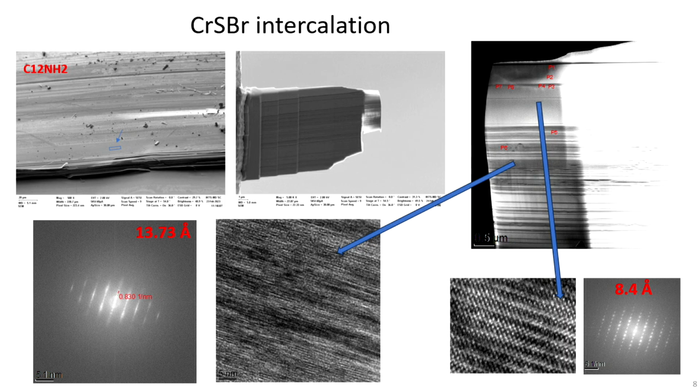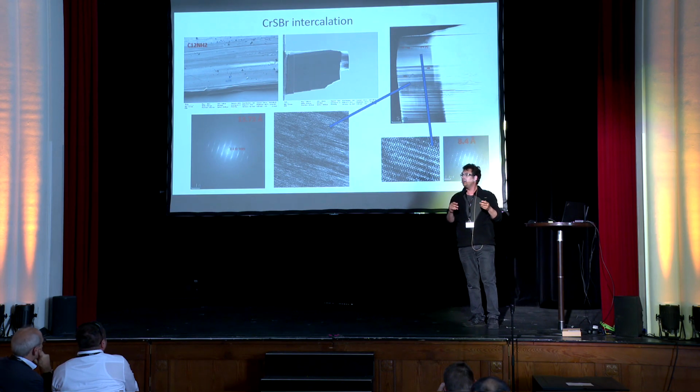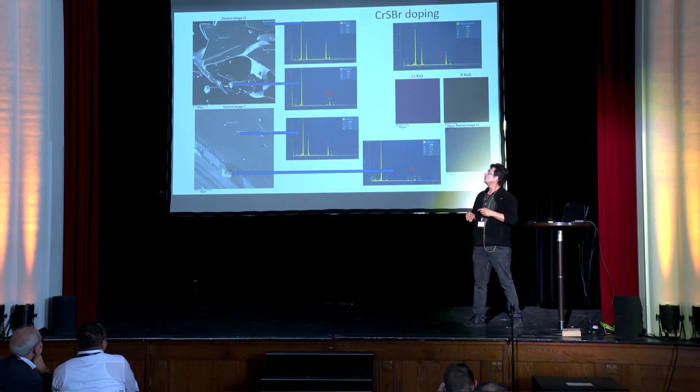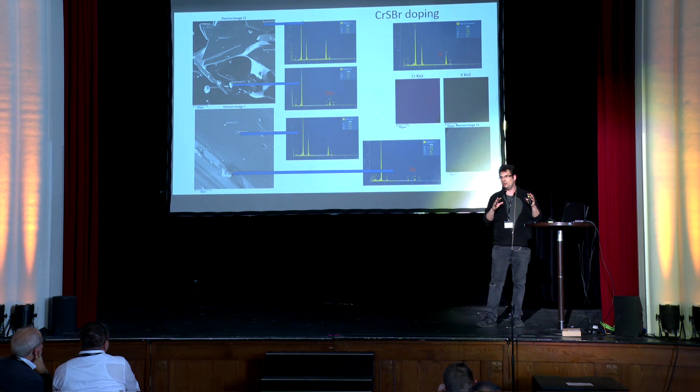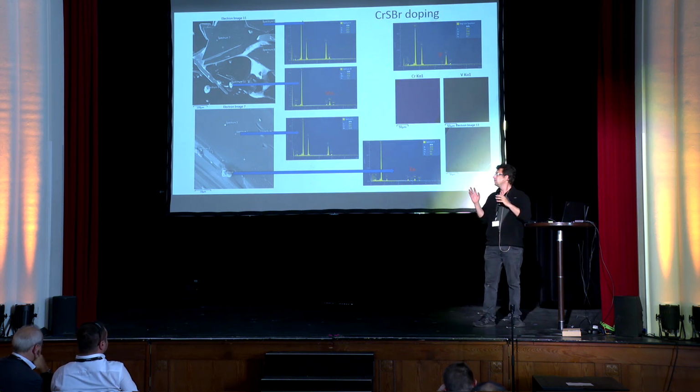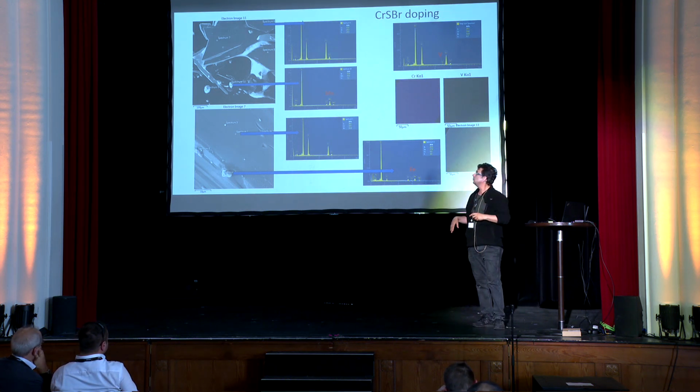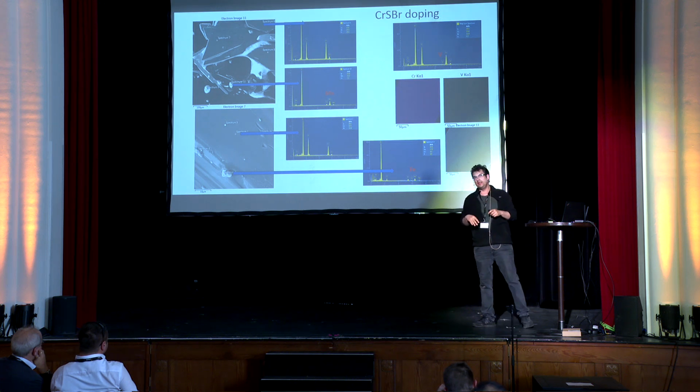Another way to change the properties is doping and alloying. So in this case we try to explore what substitution is possible for chromium. And it looks like, in the periodic table of elements, that other analogs of CrSBr with the chalcogens sulfur, selenium and tellurium are not so thermally stable.